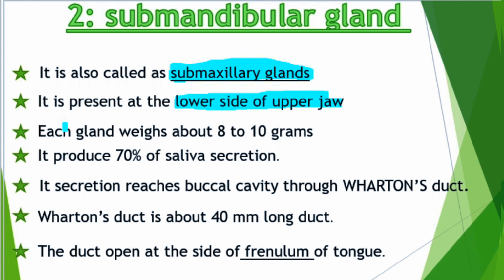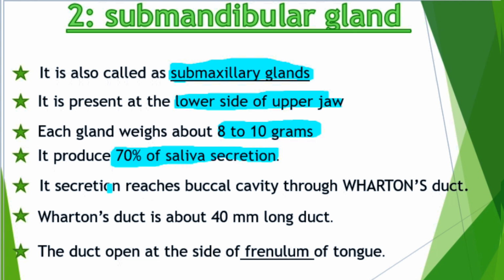The next point is about the weight. This is about 8 to 10 grams. The largest contribution of the saliva is made by the submandibular gland. It produces 70% of the saliva secretion.